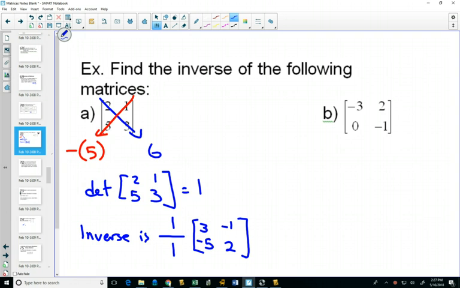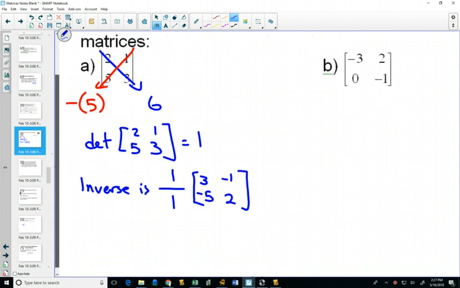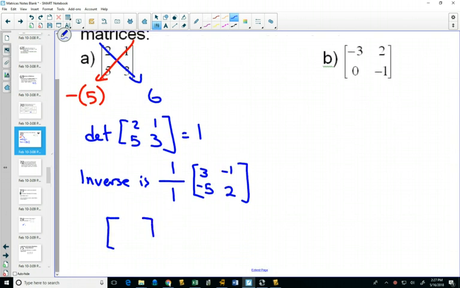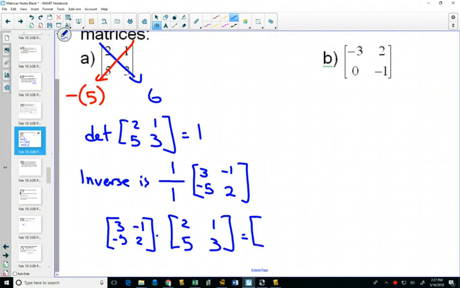And if we look now, what would happen if you multiply 3, -1, -5, and 2 by our original matrix, 2, 1, 5, and 3. Okay, matrix multiplication. And I'll color code these. We'll start with green. If I do row 1 times column 1, you will get 6 minus 5, which is 1.